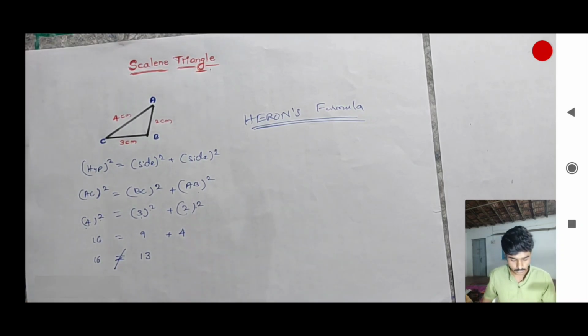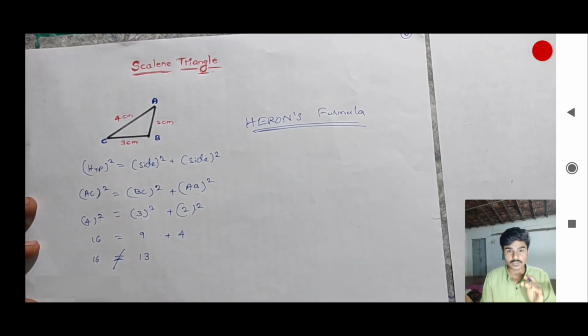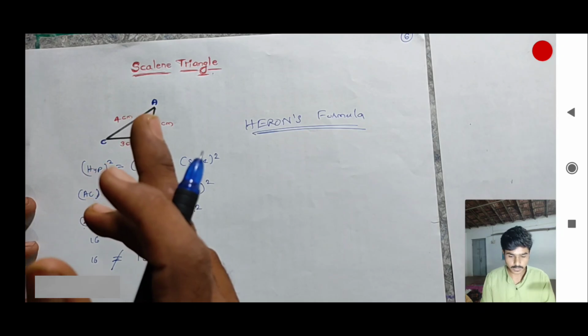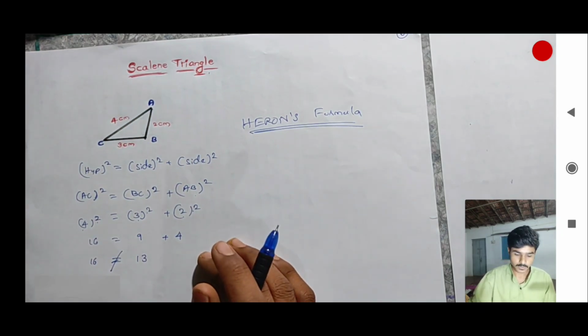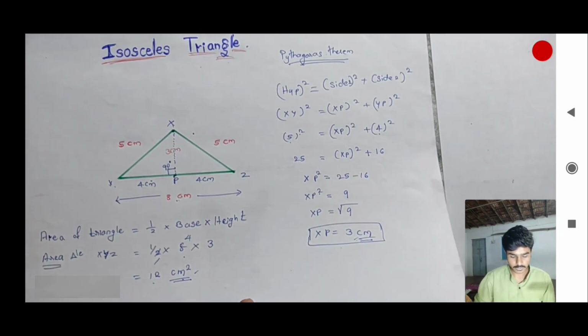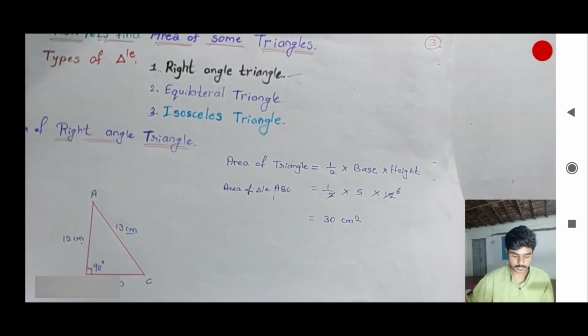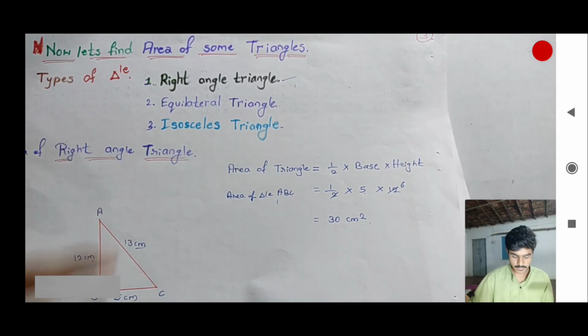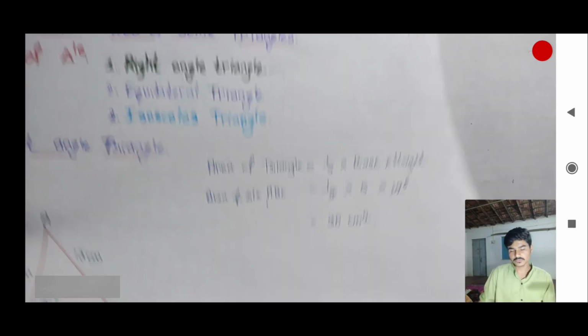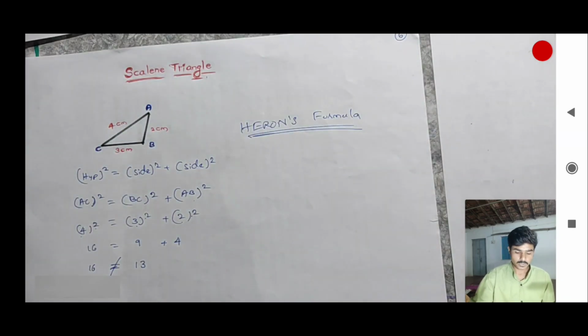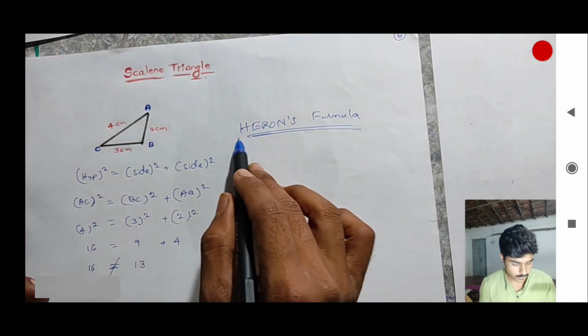In order to make you understand the need of Heron's formula, I have explained finding the areas of isosceles triangle, equilateral triangle, and also the right angle triangle. In the next class I will explain how to find the area of a triangle if we don't know the height of the triangle, means by using Heron's formula.